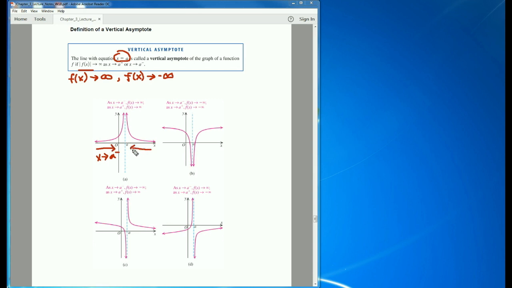Here is x approaching A from the positive side. And there are all these various scenarios. Maybe in both cases it shoots up to positive infinity. Maybe in both cases it shoots down to negative infinity. Or it can also have the opposite behavior. All right, I'm going to dump this and move on to the next page.